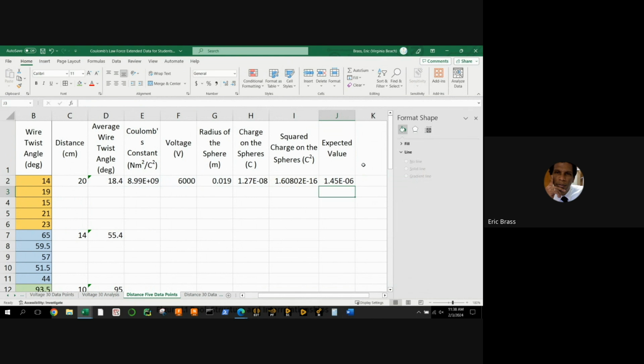And this is again, what is this? This is going to be newton meters squared. I'll delete it. But I'm just going to write it. I think it's a mistake.